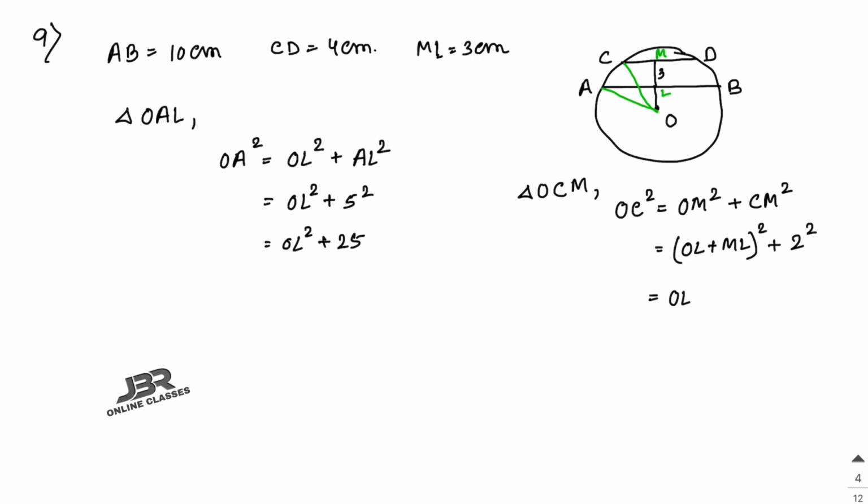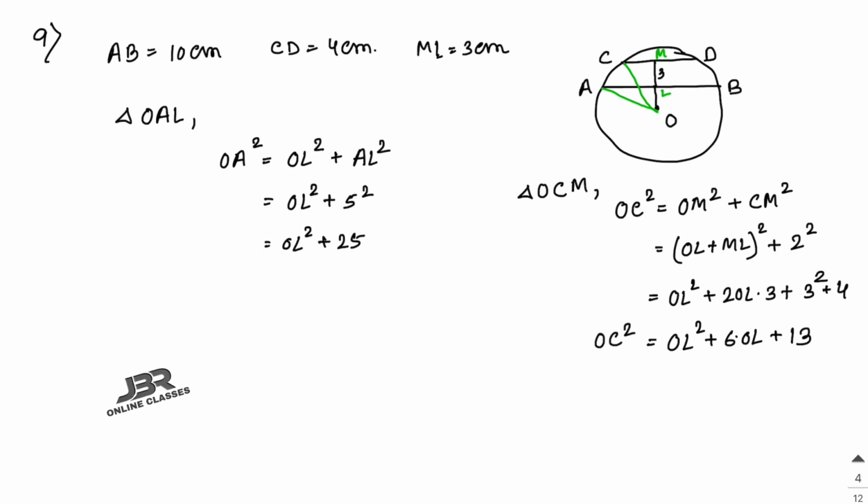So here OL square plus 2 into OL into ML, ML means 3, and the next one ML square, that means 3 square, plus 4. So that equals OL square plus 6 OL, and here 9 plus 4, it's 13. So that equals OC square.